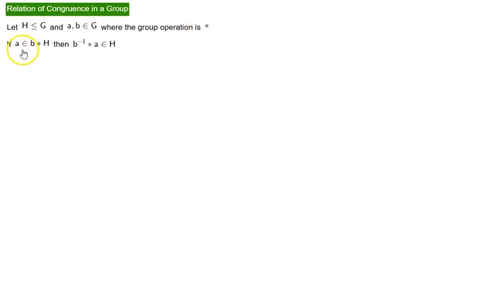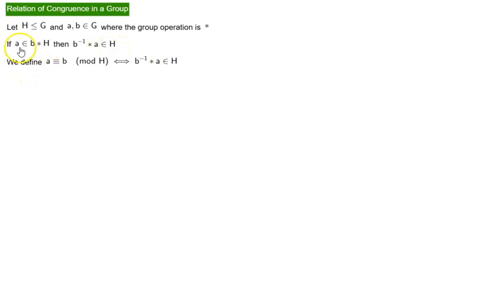Now, if A is in B star H, then B inverse times A is in H. Here, B star H is a left coset. So if an element is in a left coset, then B inverse times A is in H.